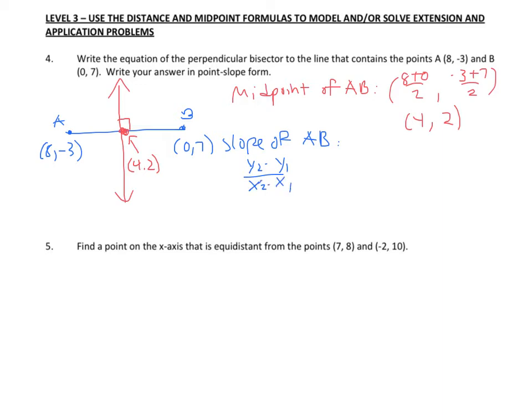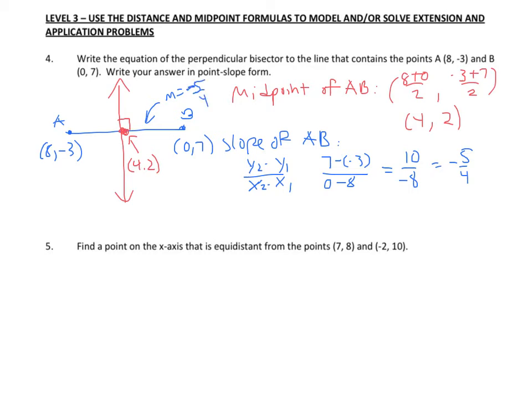So we subtract the y's on the top, 7 minus -3, subtract the x's on the bottom, 0 minus 8, which is 10 over -8, or -5 over 4. Now, this is the slope of the line AB.